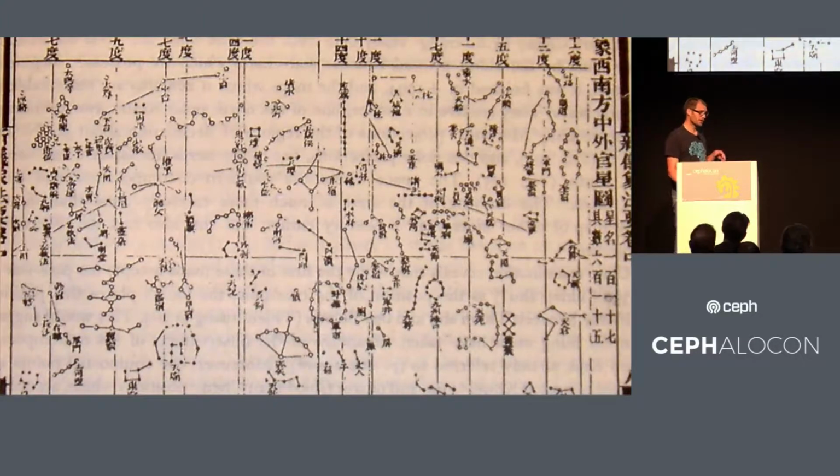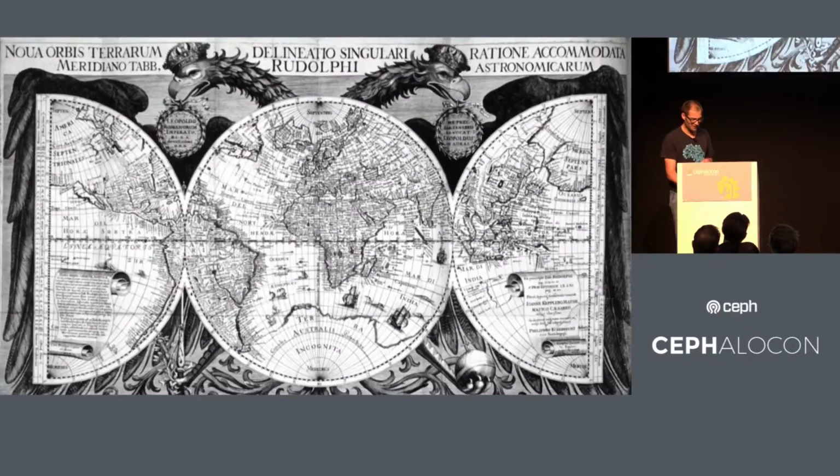If you read the history now, and I'm no historian, the politics starts to play here, and it becomes really interesting stories. A very famous one was the Rudolphine Tables, developed by Kepler, and again, it was still paper.